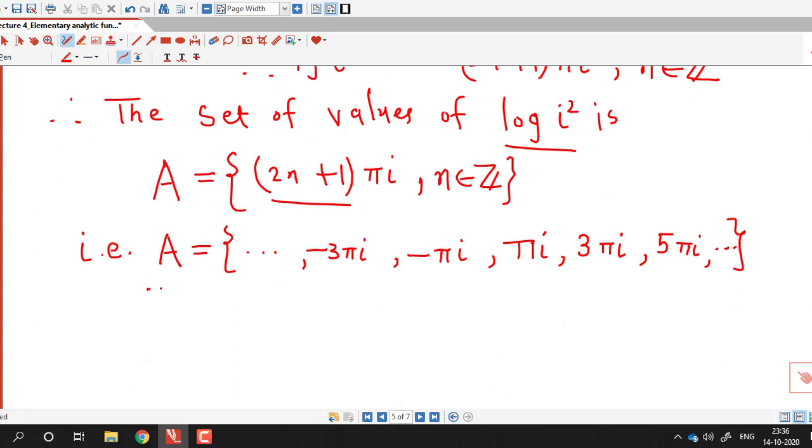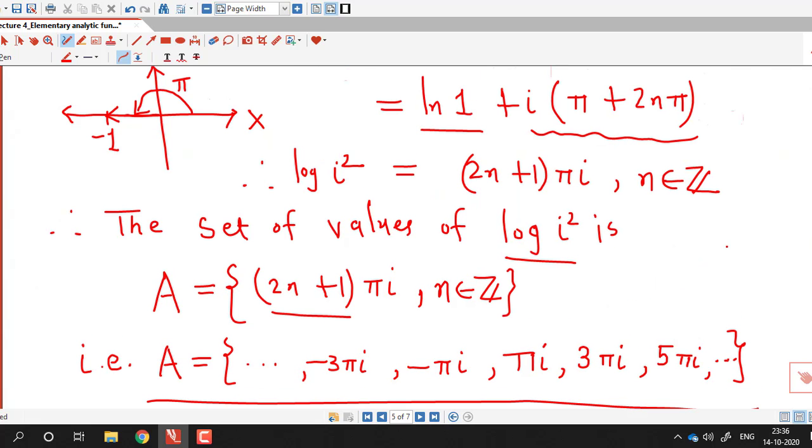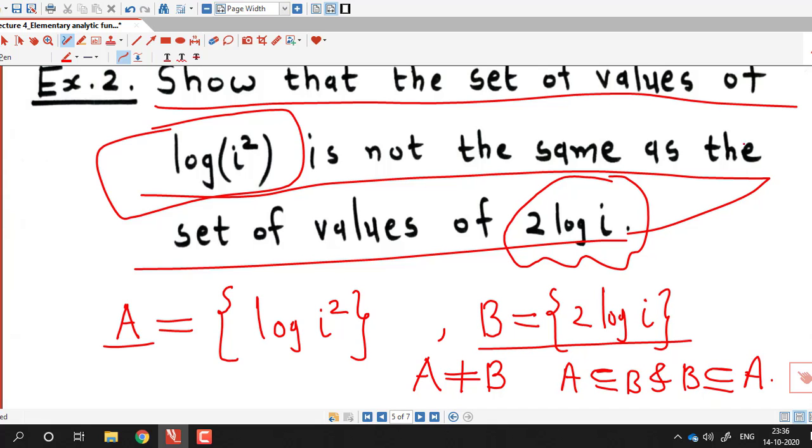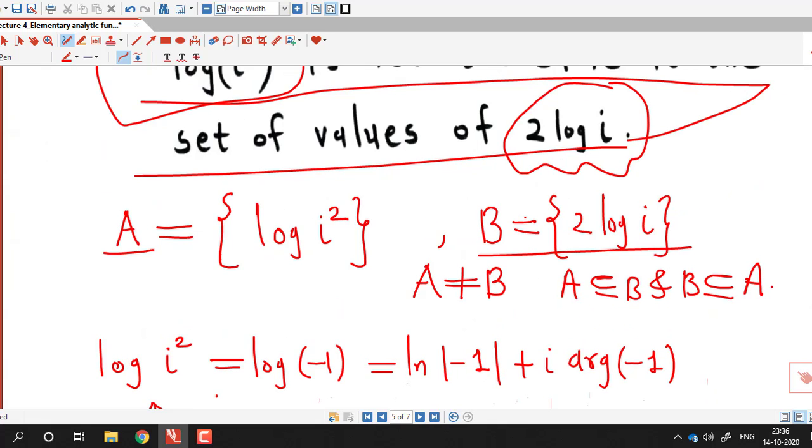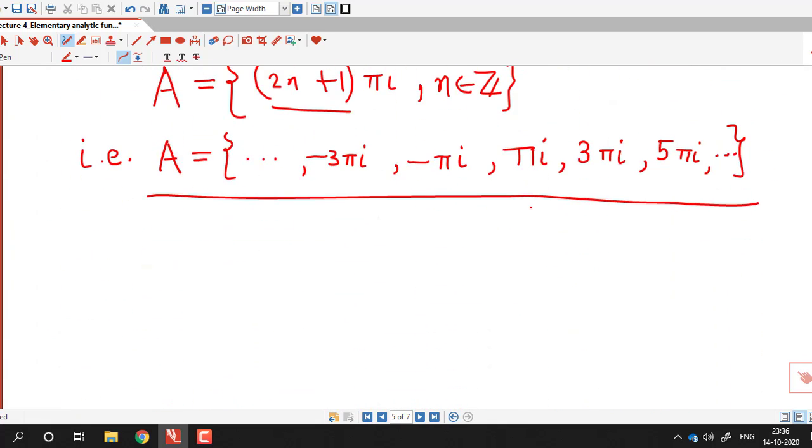So now we consider another part, the set of values of 2 into log I. Before writing 2 into log I, we first find out what is log I, and then we will multiply with 2.